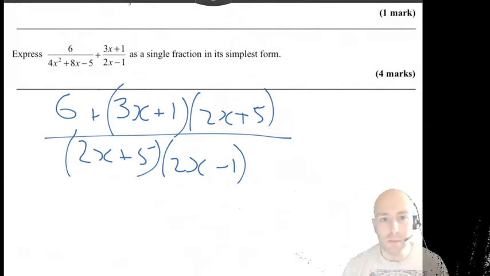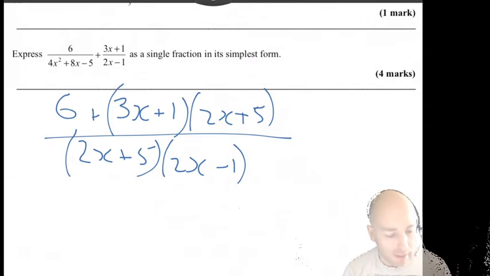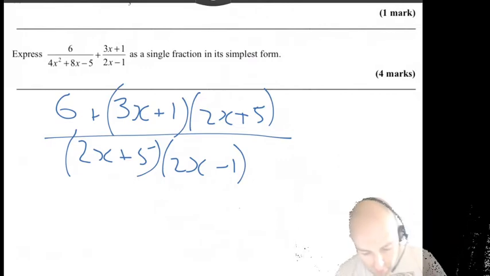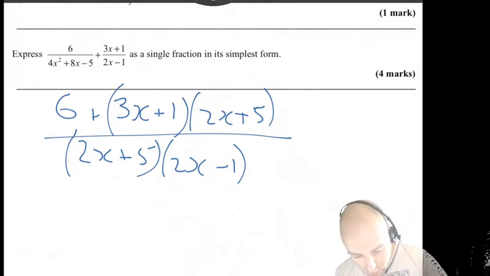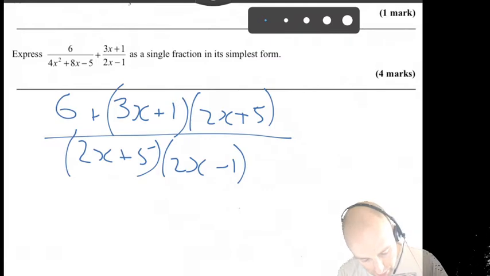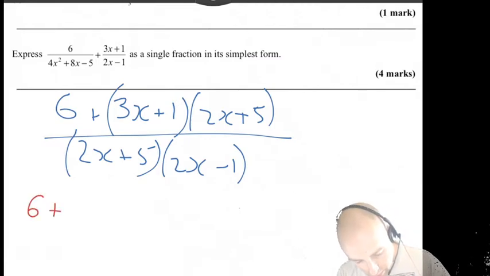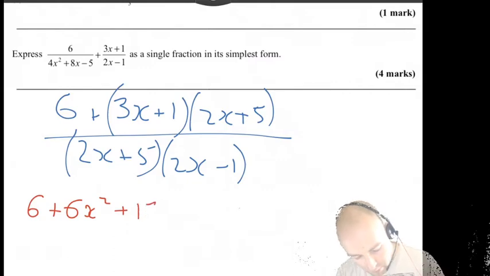All we need to do now is simplify this. So we're going to expand the top and see if there's any factors we can cancel with the bottom. So 6 plus 6x squared plus 17x plus 5.